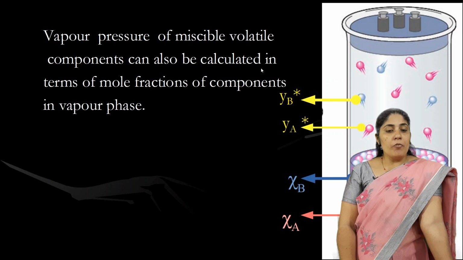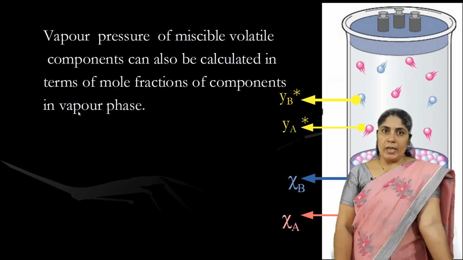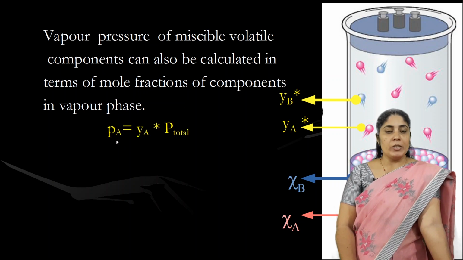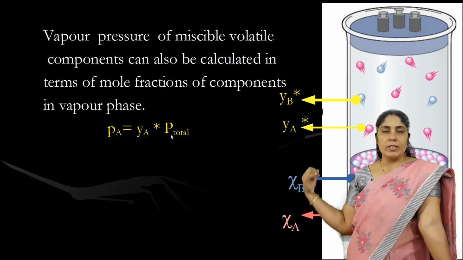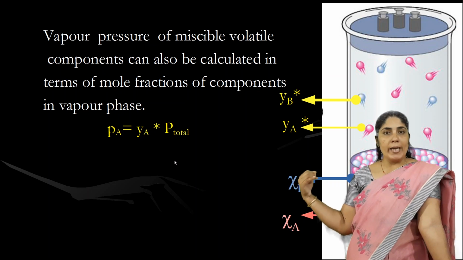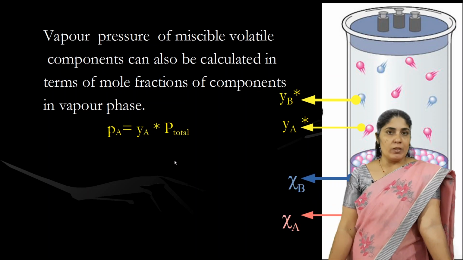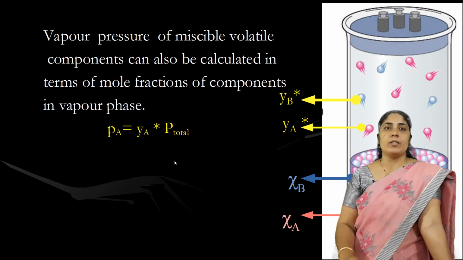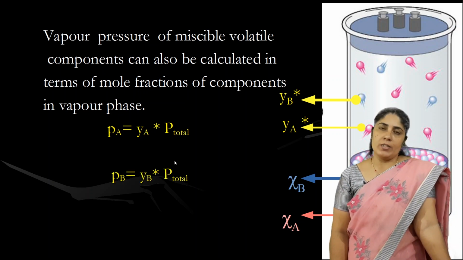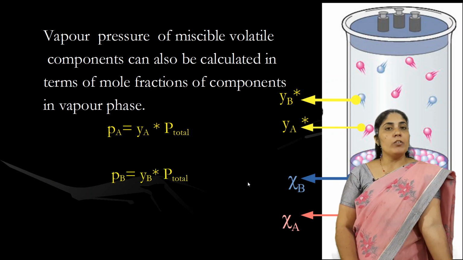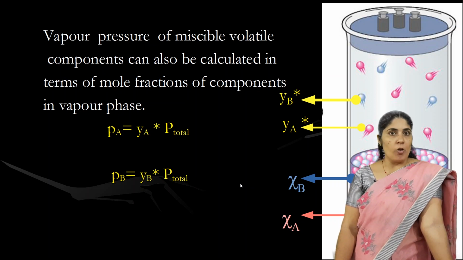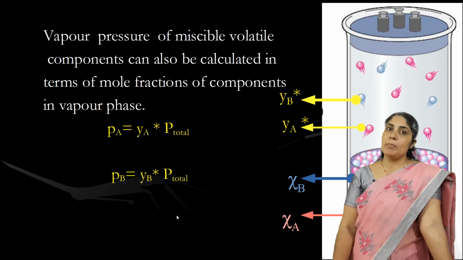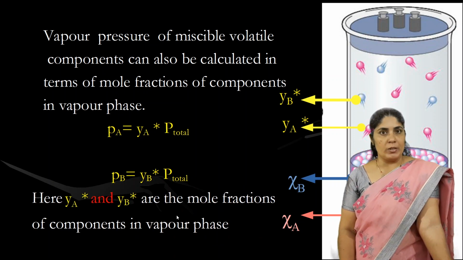Now, vapor pressure of miscible volatile components can be calculated using the following formula. You get the equation as partial pressure of A component is equal to YA star into P total, where P total is the proportionality constant. Similarly, we can write it for PB also: PB, partial pressure of B component, is equal to YB star into P total.